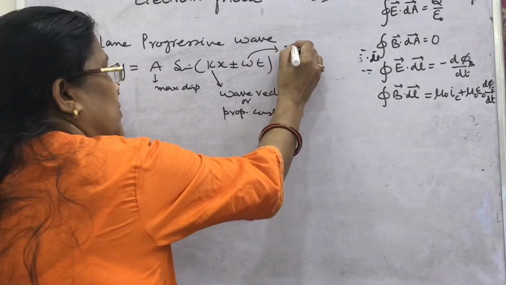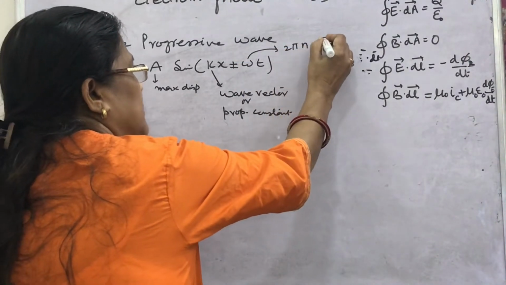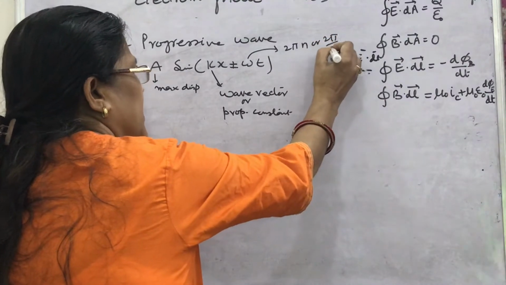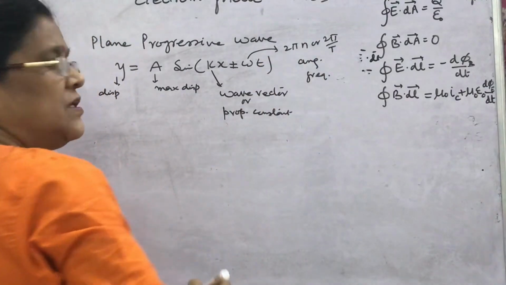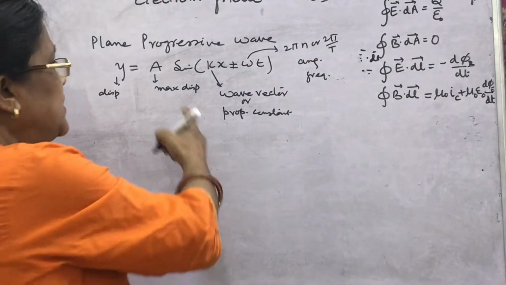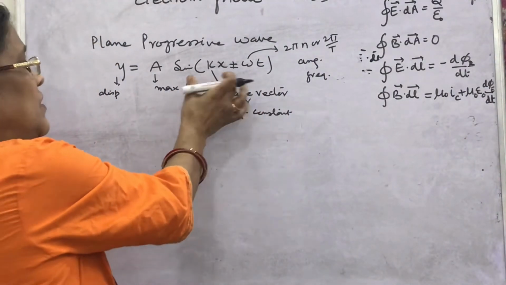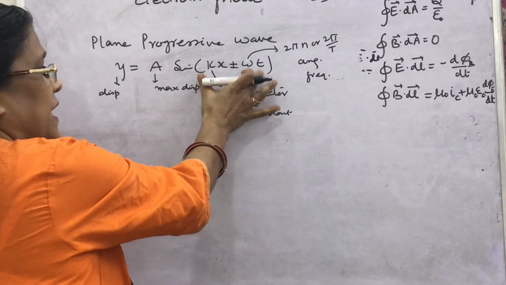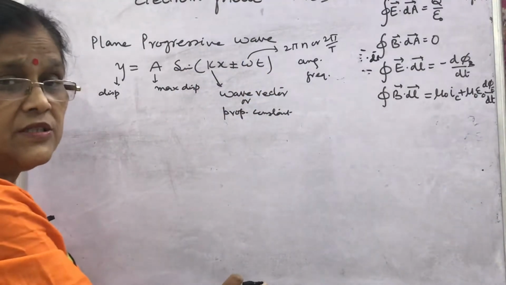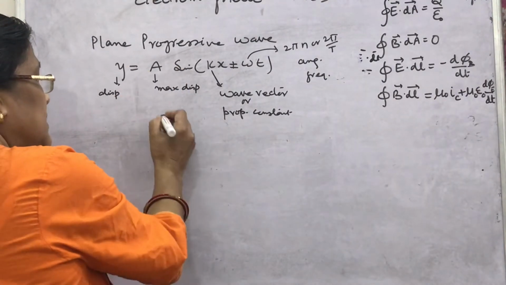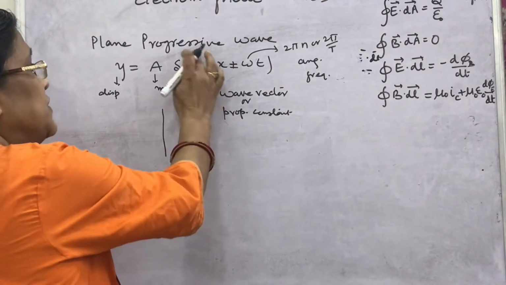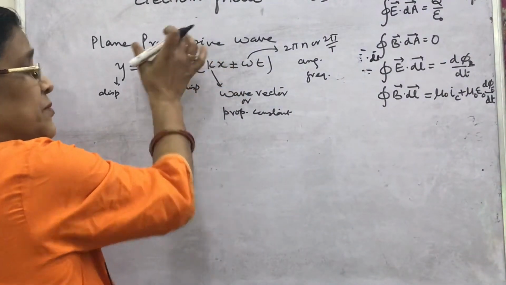Omega is 2 pi n or 2 pi upon T. This is called angular frequency. How is this equation formed? The quantity written in the bracket is called phase, and this expression is written for the progressive wave as per its name. Something is in progress.